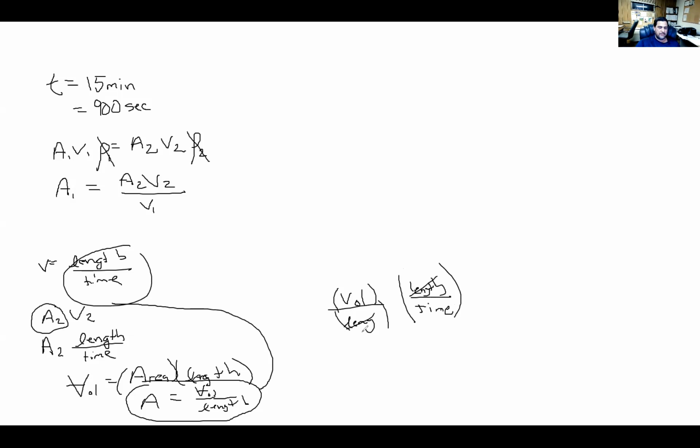These lengths will cancel, which is the length of the room. So I'm left with volume per time. Area is volume divided by length, and velocity is length per time. The lengths cancel out.